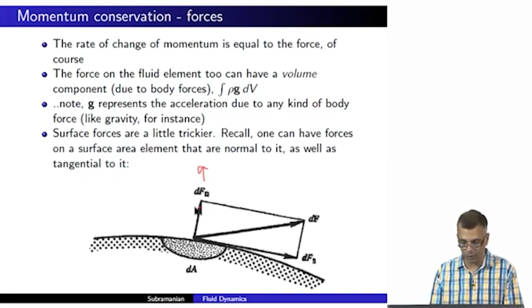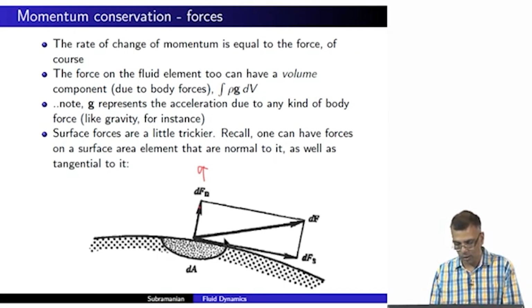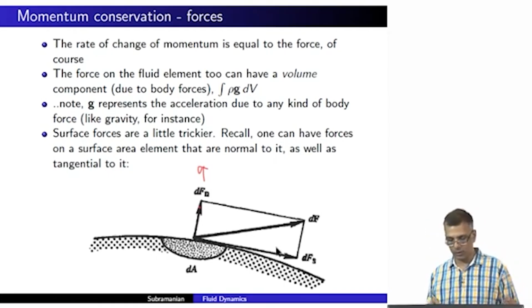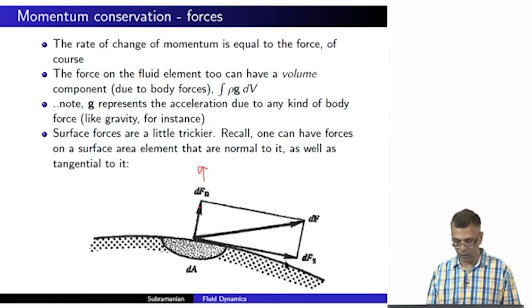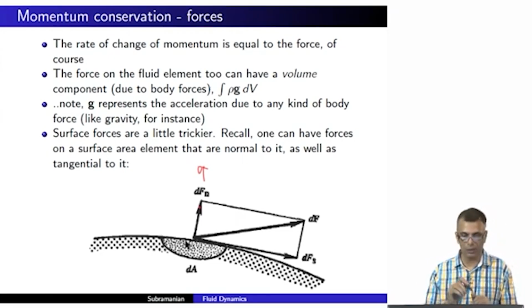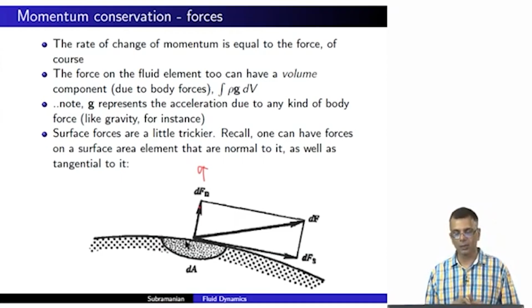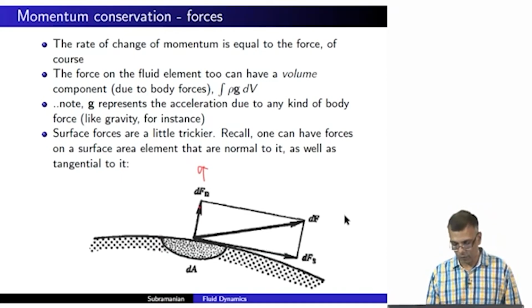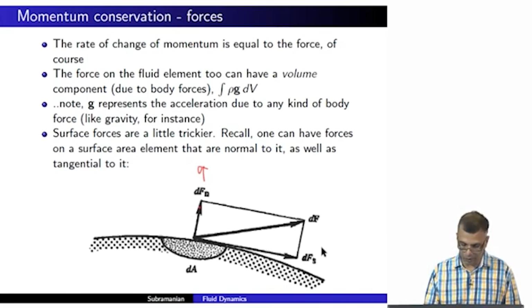This is the outwardly directed normal, and the normal force is acting along the same direction, whereas the tangential forces are along the surface. This can be an example of a tangential force. Another example of a tangential force can be one which is acting into the plane of this screen. Taken together, these kinds of forces are called shear forces.